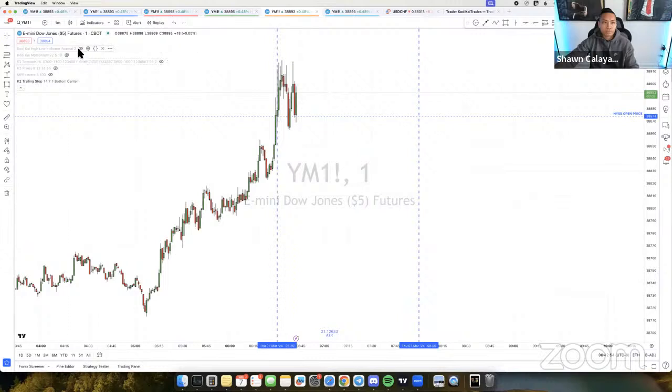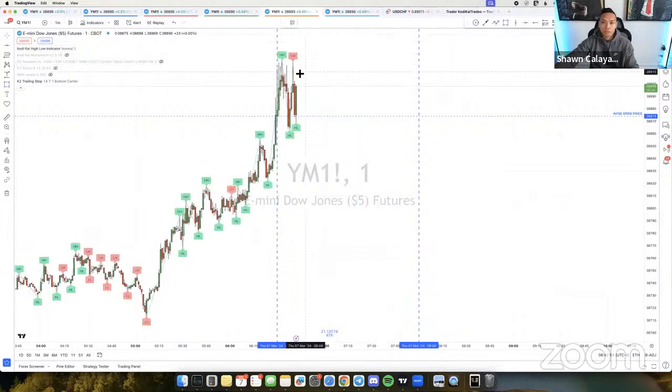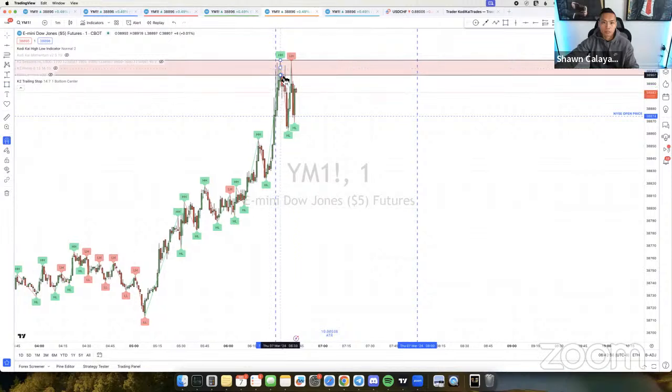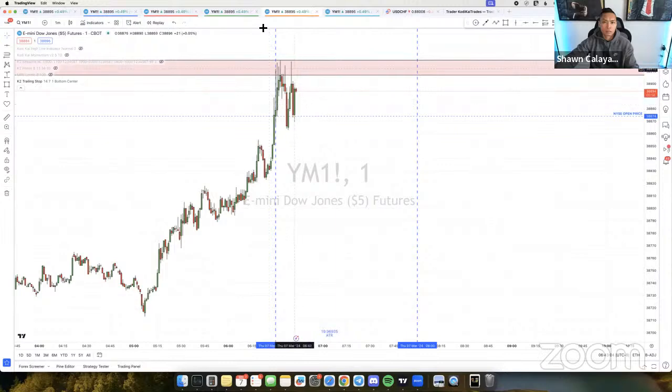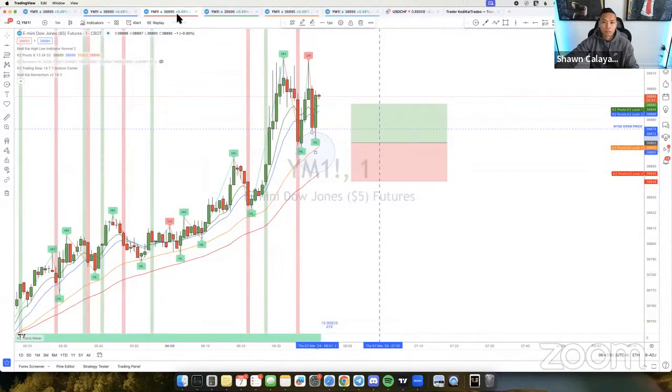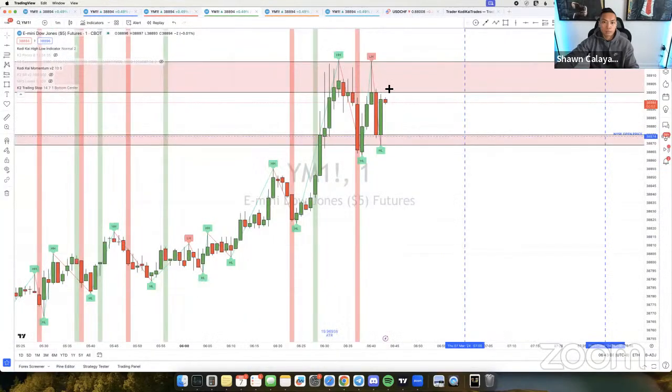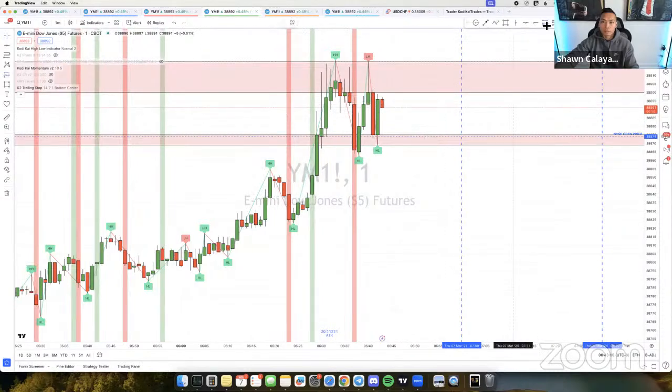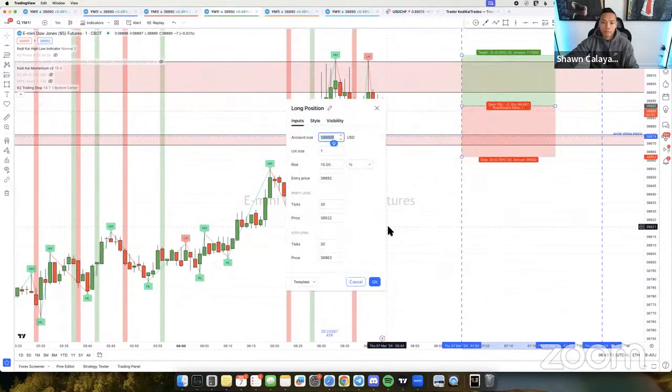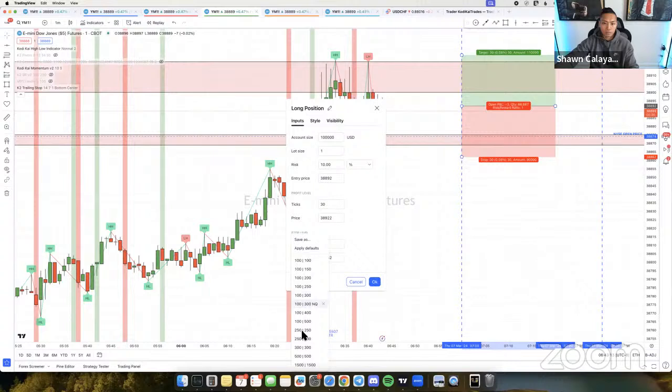All right, here is our clean chart. I'll mark up structure here as well. All right, so we got that V1 pattern there. So we could have a possible buy here for a breakout V3.